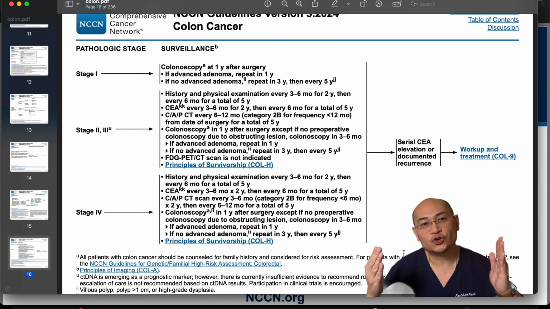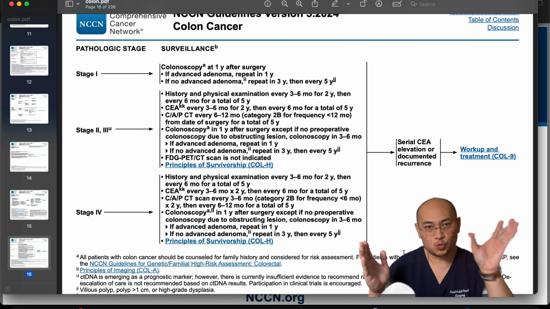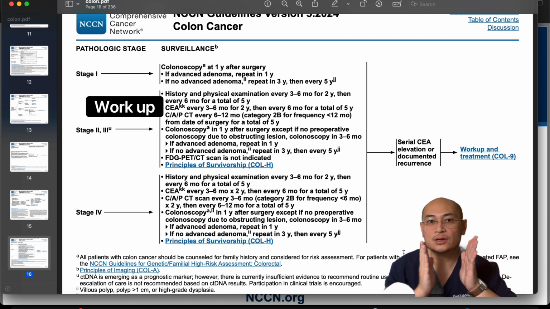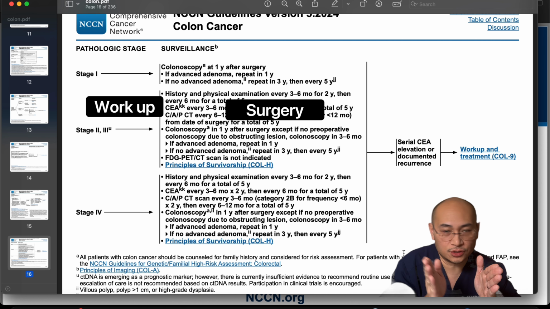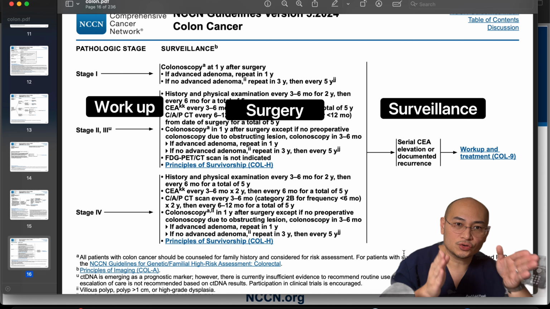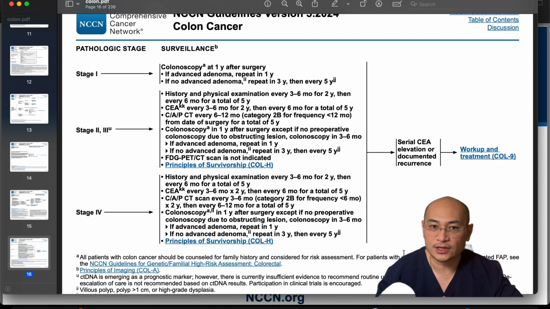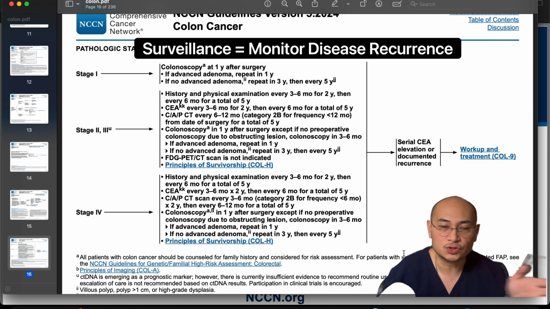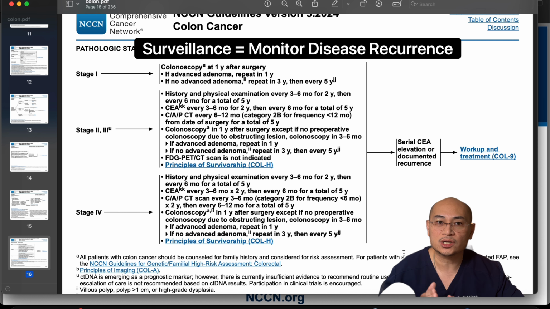So after we've talked about the workup, the surgery or intervention, then we talk about the surveillance. If you got a curative intervention, which includes surgery plus or minus adjuvant or neoadjuvant chemotherapy, then we talk about surveillance to determine if there is a recurrence of the disease process.